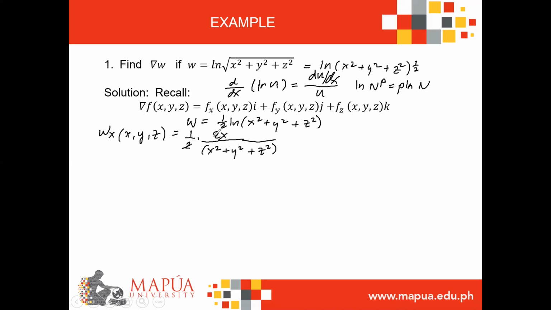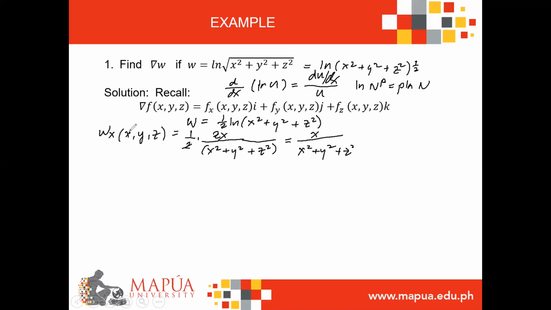We can now simplify by canceling 2. This gives us x all over x squared plus y squared plus z squared. That will be your f sub x in the formula here.